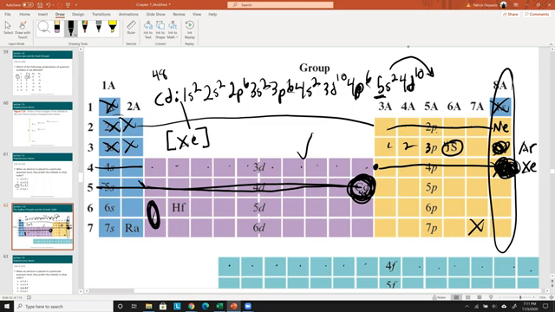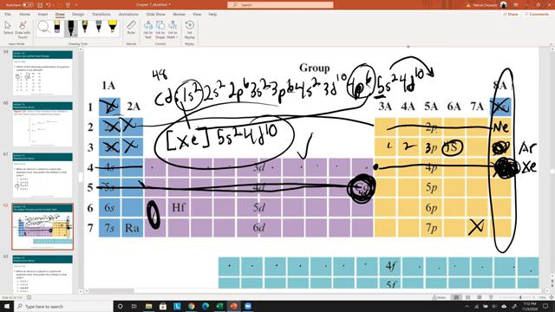So this bracket is the same thing as writing all of this, all the way from 1s2 to 4p6, because look where xenon's written, in 4p6. So we can just write xenon instead, and then we can write the rest, which is 5s2, 4d10. Like that. Okay, any questions on that?